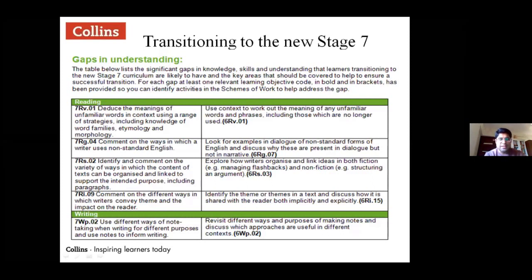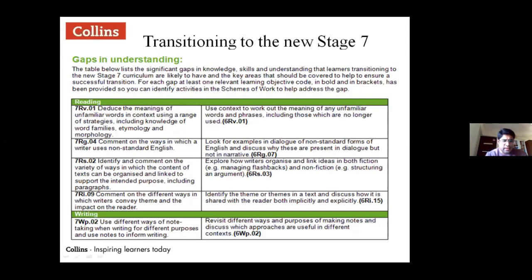For each gap, at least one relevant learning objective code, that's in bold in brackets, has been provided, so you can identify activities in the schemes of work to help address the gap. So if some of you do not have access to the schemes of work, as I mentioned, I'll be sharing that with Team Collins, which will be passed on to you.